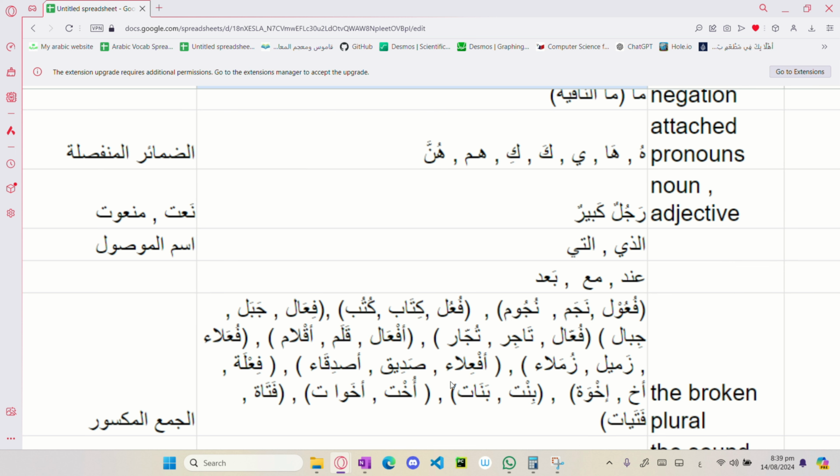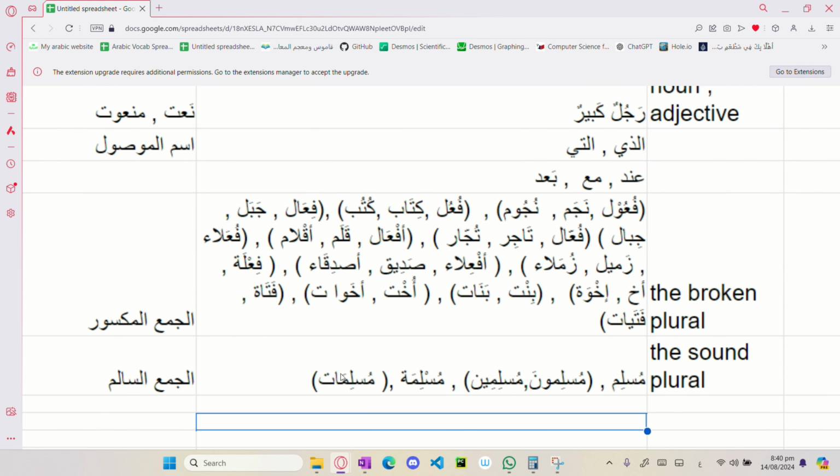Bint, and these are for feminine, Bint and Banat. Bint means female child, and Banat for plural. Ukht is sister, and Akhawat is multiple sisters, and Fatat is a young woman, and Fatayat is young women.